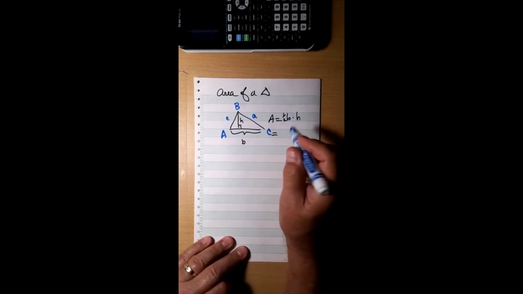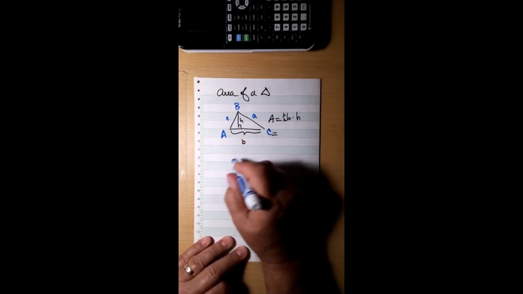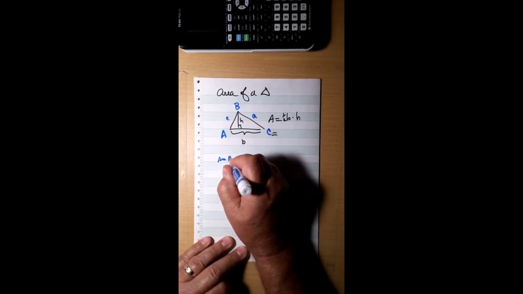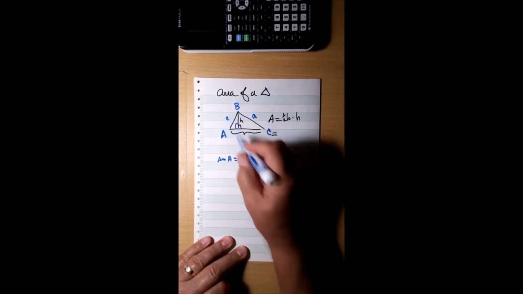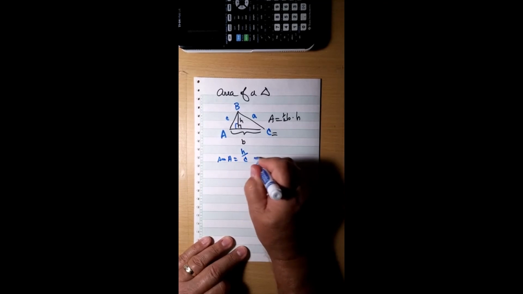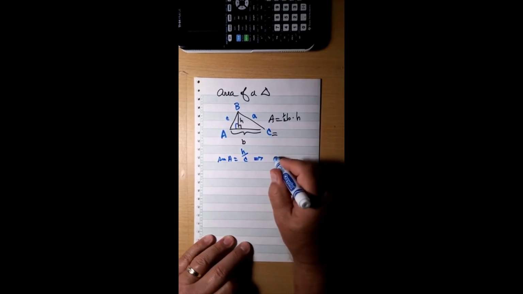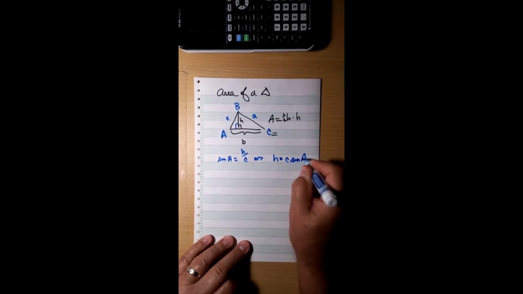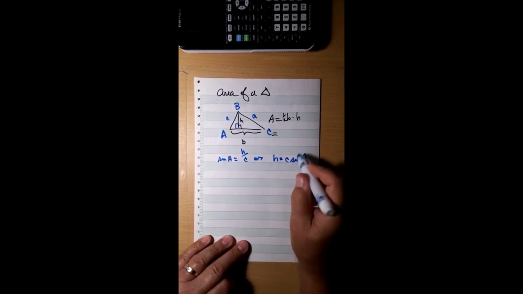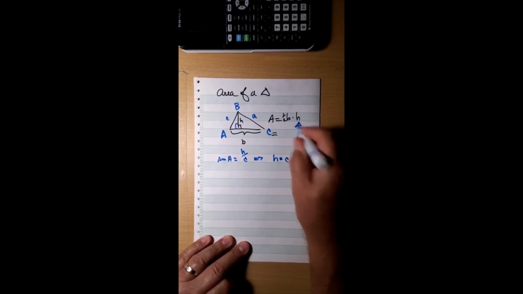So we also know that the sine of A in this right triangle is h over c, which means that h is equal to c sine A, just like we did before. And so we can plug that in for the h.